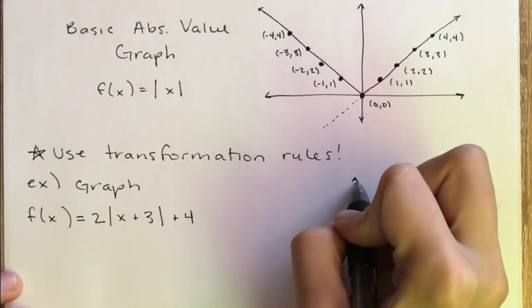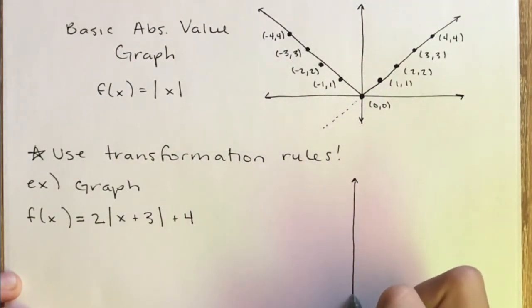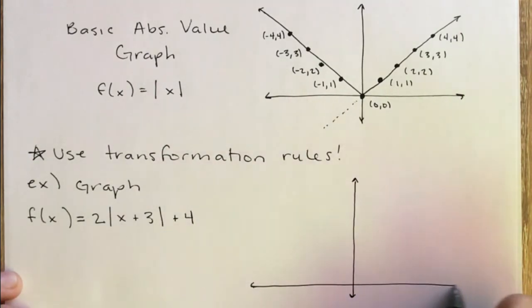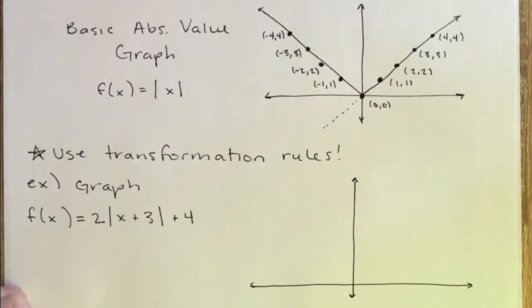We'll do that here. Spoiler alert, it's going to be in kind of the top half of the graph, so I'm not going to draw the rest just to save space.